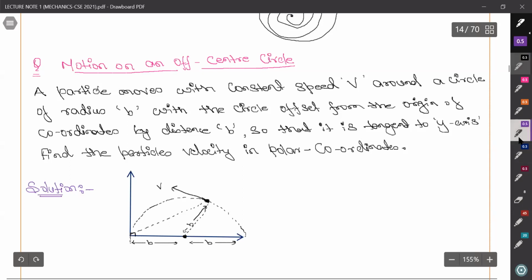And we need to find its velocity in r theta coordinates, that is polar coordinates. So this will be the direction of the r vector, and this will be the direction of the theta vector, and both of them are perpendicular to each other. Now let us assume this angle to be theta.